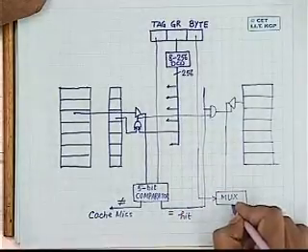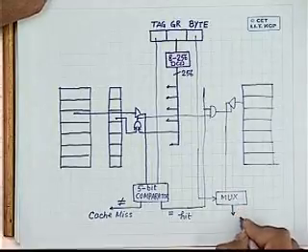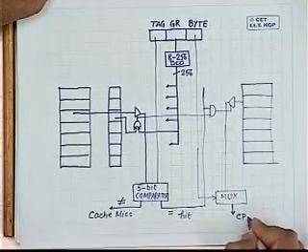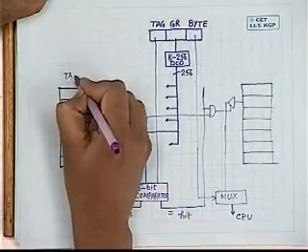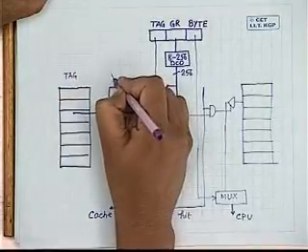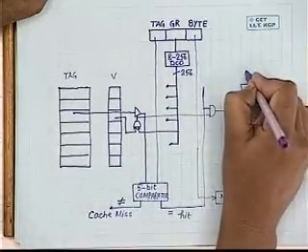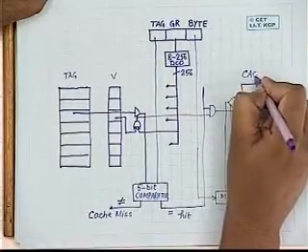Okay, and this is the output that goes to the CPU. So these are the tag memories, these are the valid bits, and these are the cache memories.